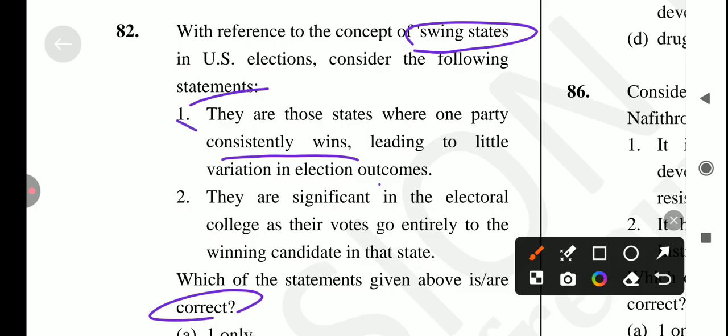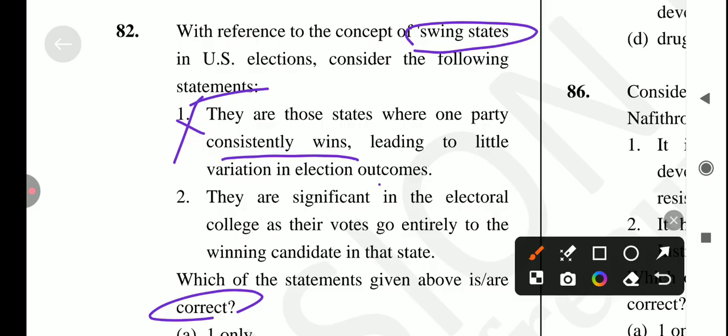No, it's not a correct statement, because swing states are those where neither Democratic nor Republican candidates have a consistent dominance, leading them to swing between parties in different elections. Okay, so the first statement is incorrect.